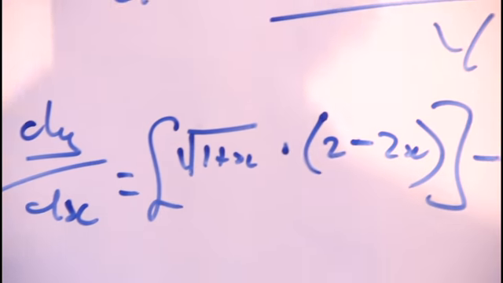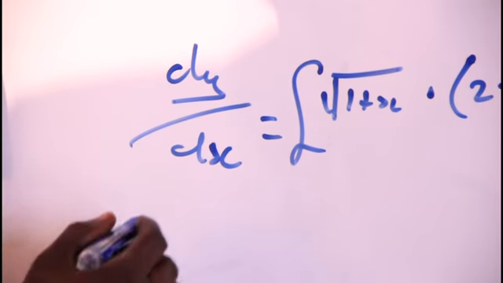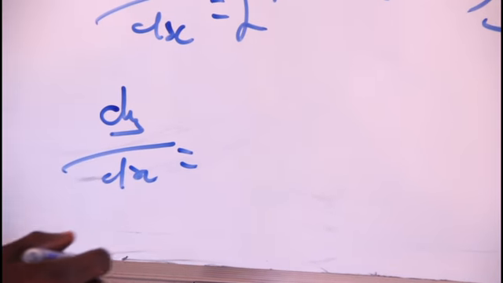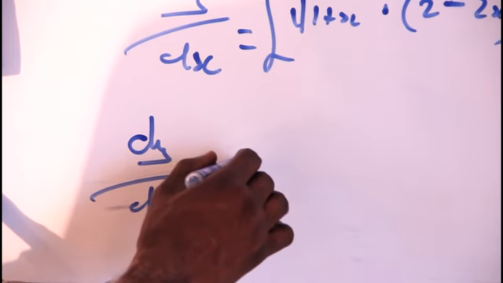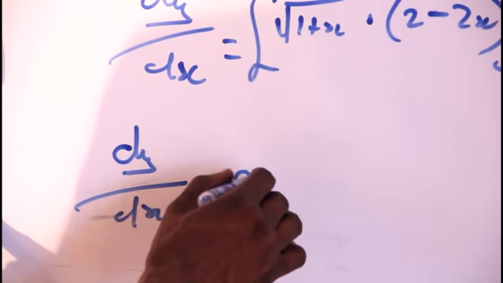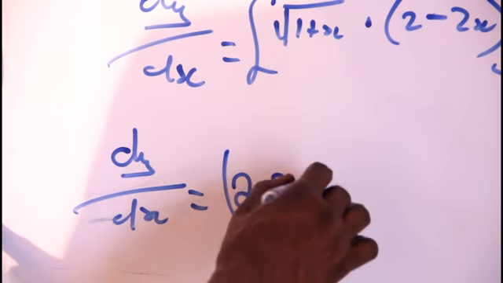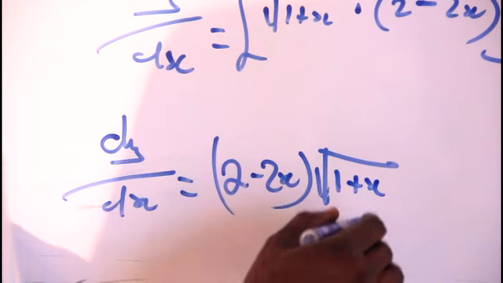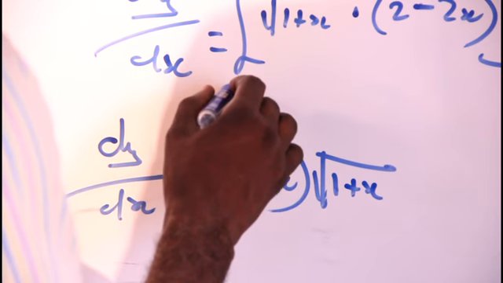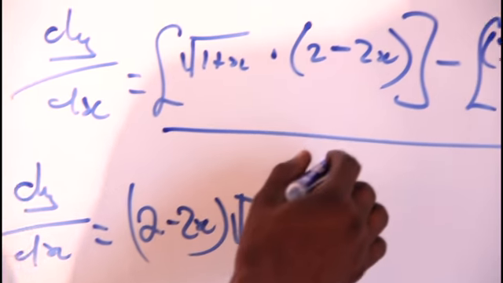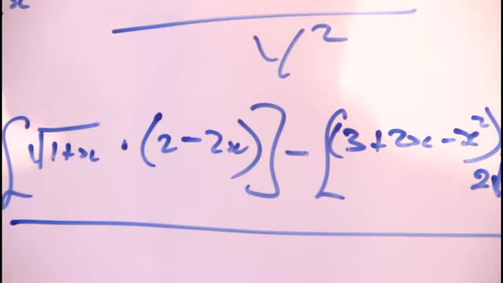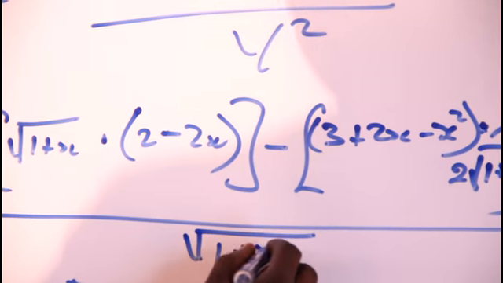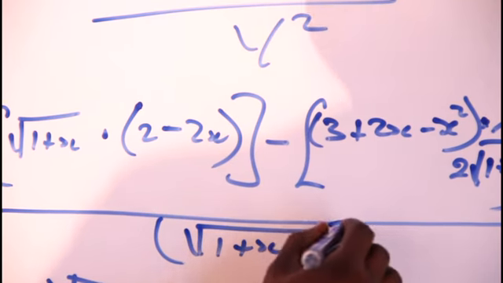So we can simplify further. If we do that, we end up having dy over dx equal to 2 minus 2x root 1 plus x, all over, what is our v squared? Our v squared is root 1 plus x all squared.